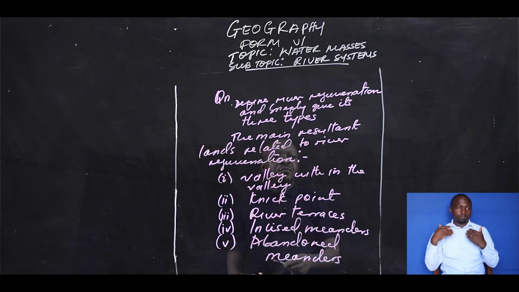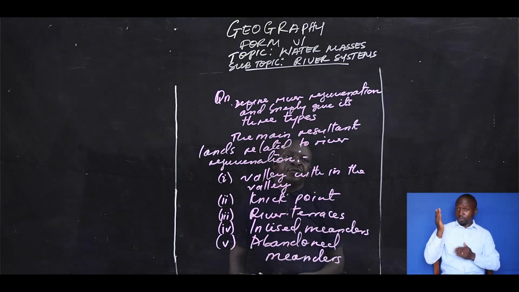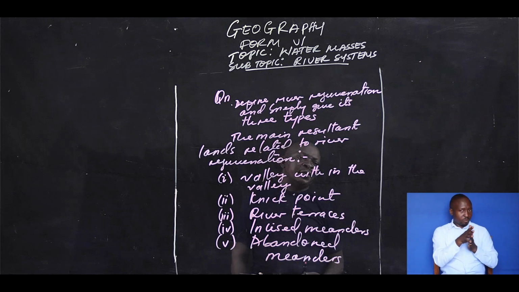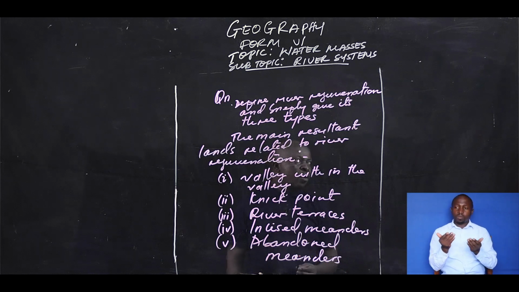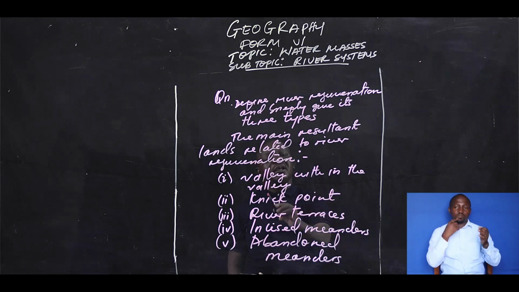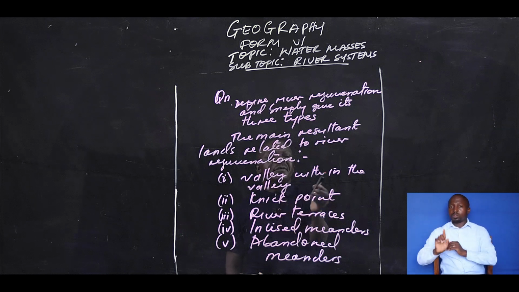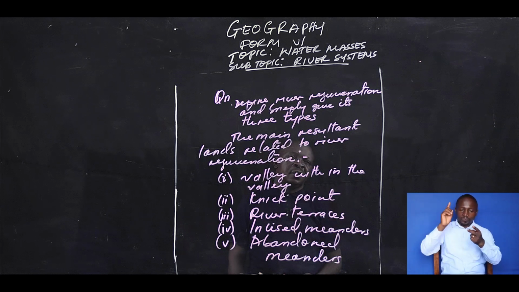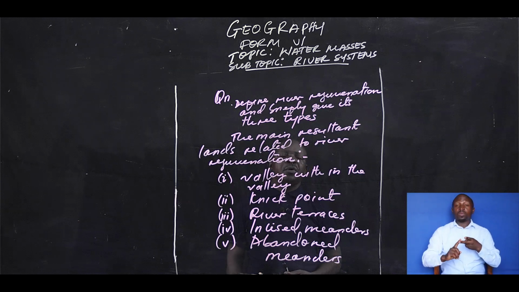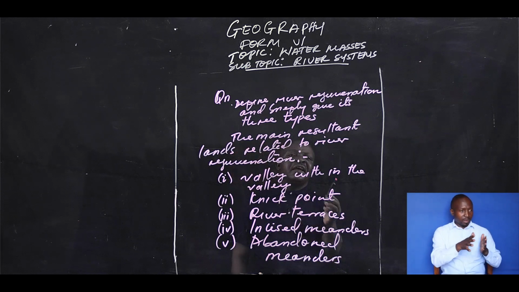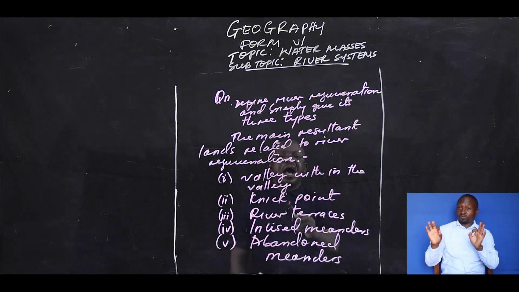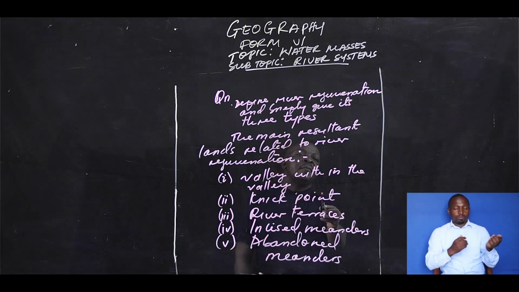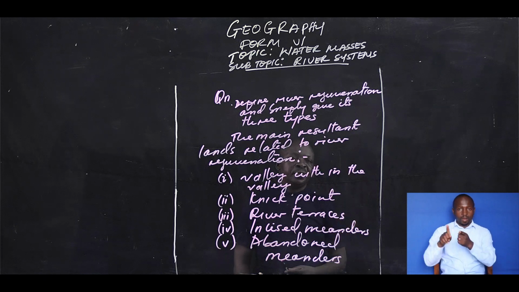Now, these landforms should be elaborated. You are to give the nature of each specific landform. For instance, for valley within the valley, you should give its appearance. Second, you should say the mode of its occurrence, how it has been formed by river rejuvenation.